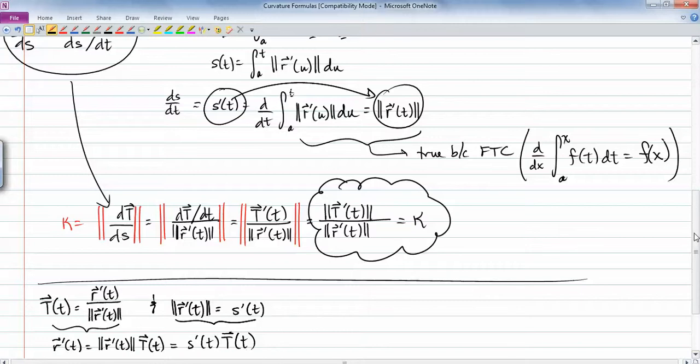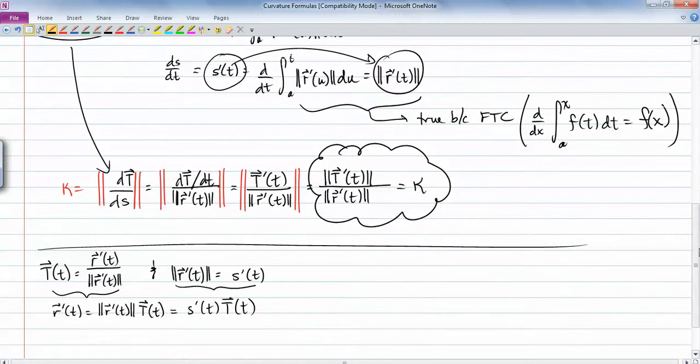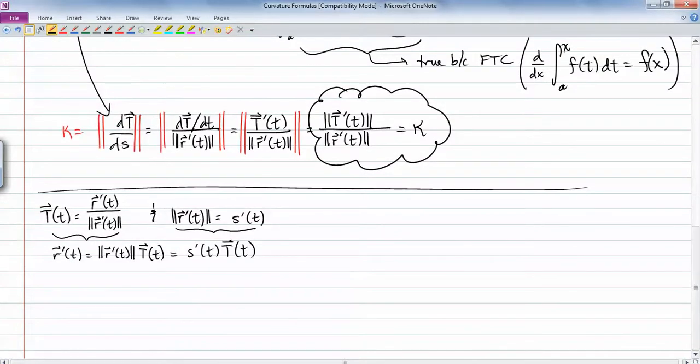Okay, so let me get a second derivative for r prime in there, because notice in the equation we have a second derivative involved. So the second derivative, r double prime of t, is going to be, and I'll use the product rule on this: the derivative of the first times the second plus the first times the derivative of the second.